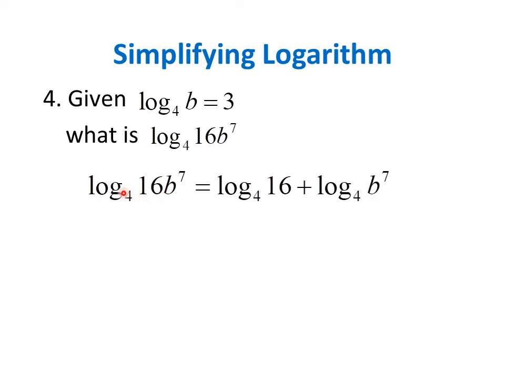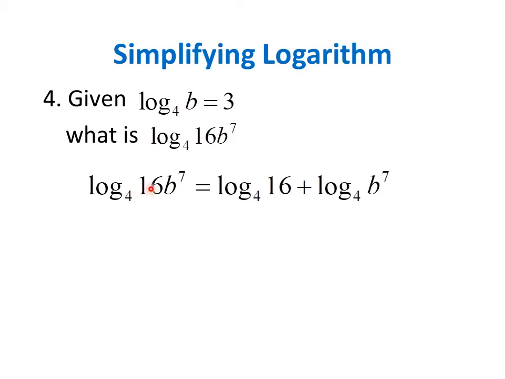In this logarithmic expression, we have 16 and b to the 7 multiplied in the argument. So we can expand this single term into two terms, in which we separate 16 and b to the 7, but we have to use the same base 4.